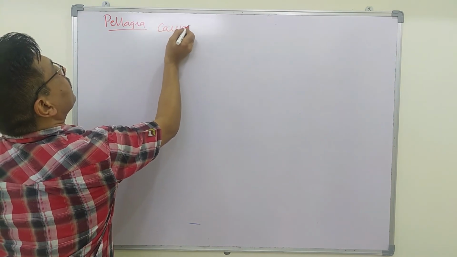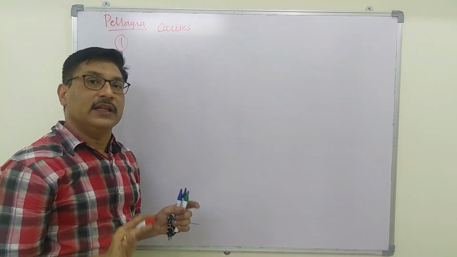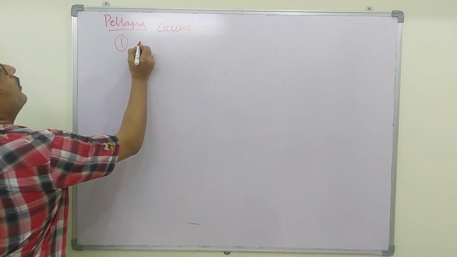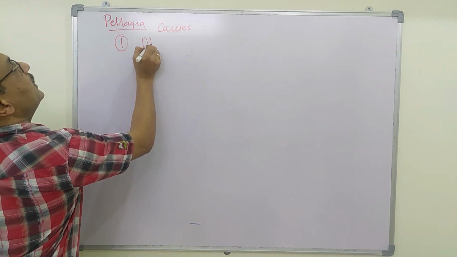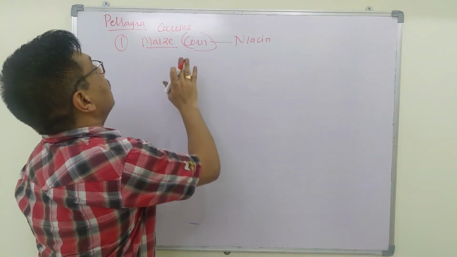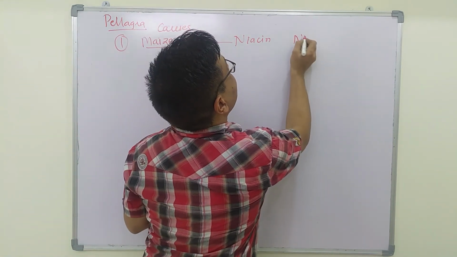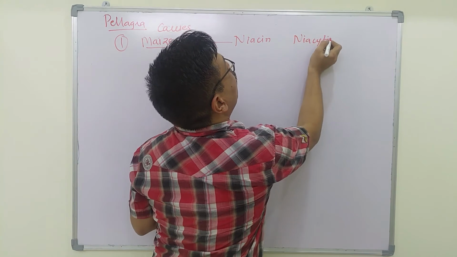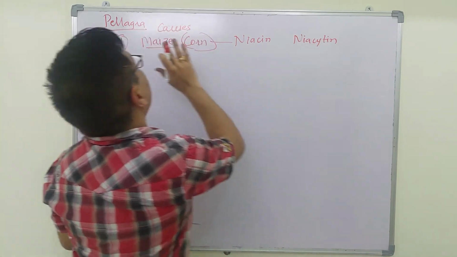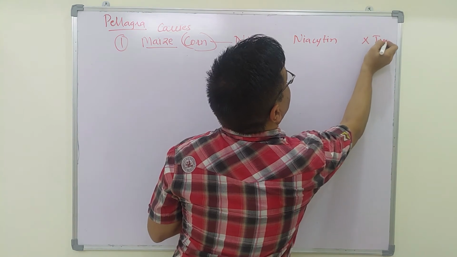The causes are, if there is inadequate intake of niacin in the diet. Some persons have maize or corn as a staple food in the diet. In corn, niacin is present as niacytin, that is bound form not available for absorption, and this maize lacks tryptophan.